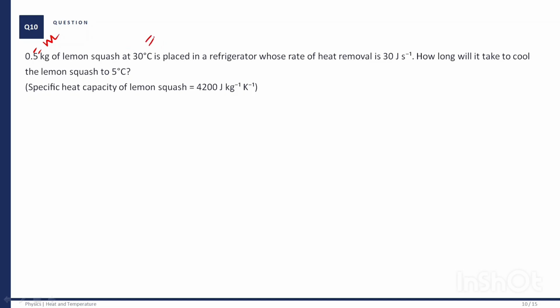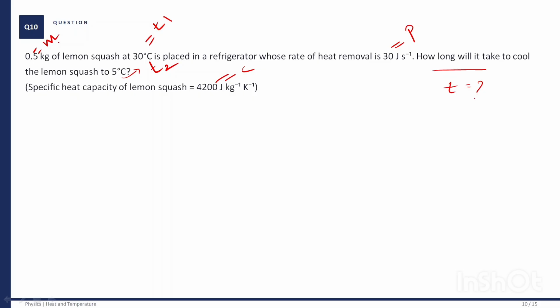This is the initial temperature T1, T2 the final temperature, power P, and this is the C. So what do we need to find here? We need to find how long it will take, that is, the time.